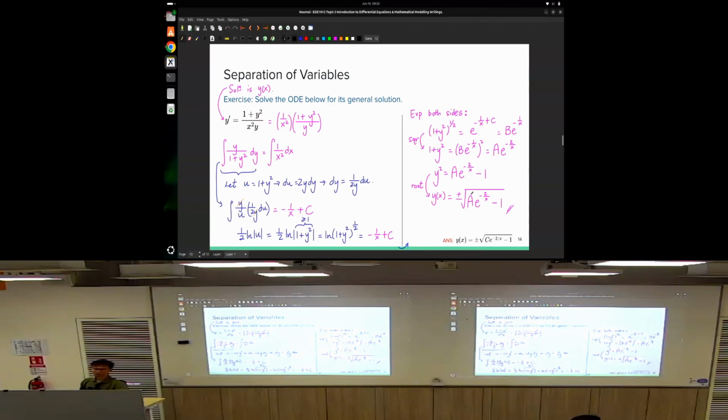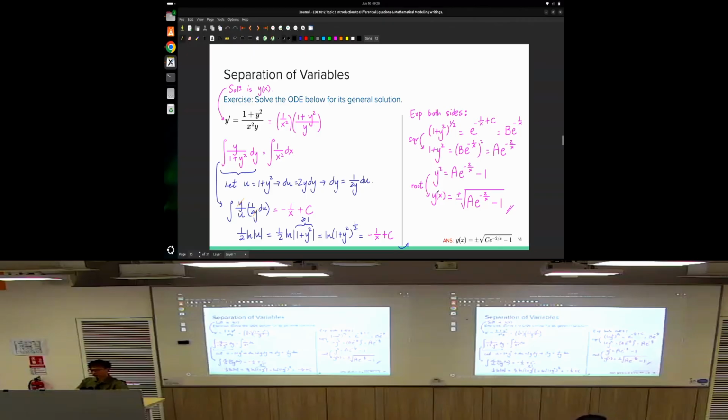But more realistically, we want this constant to satisfy a known condition of this solution. When I say known condition, I mean at some x, we know what is the value of y. And this is actually very practical.